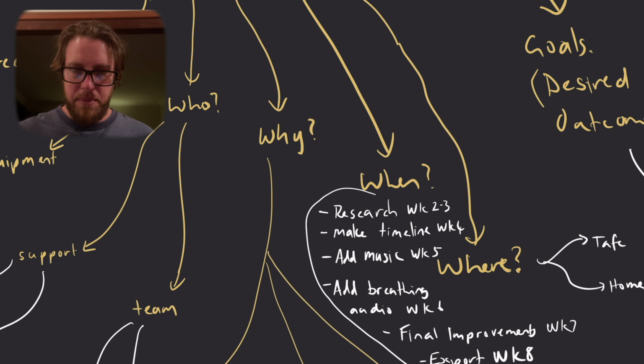I'm going to make a timeline, which means that's actually a timeline on the computer program. And maybe I'm going to do that in week 4. And then I'm going to add music in week 5. And then I'm going to add breathing audio sounds. I'm going to do that in week 6. And then I'm going to do my final improvements in week 7 and export the project in week 8.